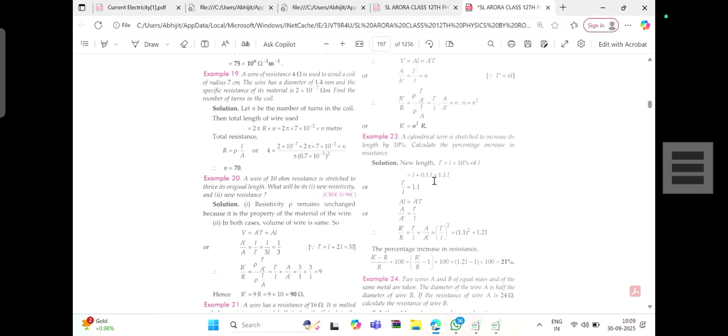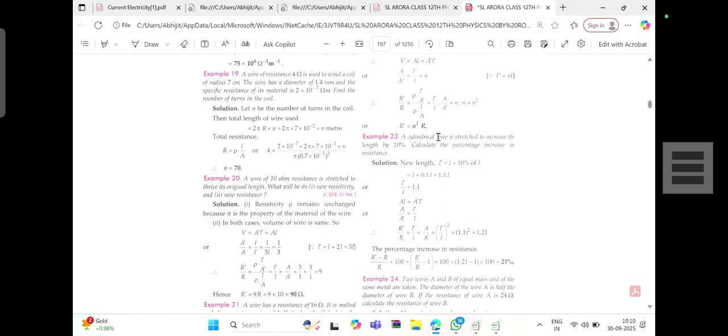So here L plus 0.1 L. What is the meaning of 10%? 10% means 10 by 100 into L, that means 0.1 L. L plus 0.1 L means 1.1 L. That is the new length of our conductor. That means L prime by L is equal to 1.1.